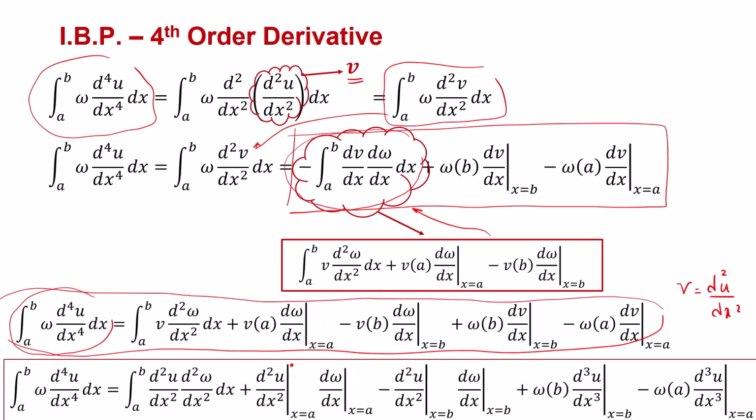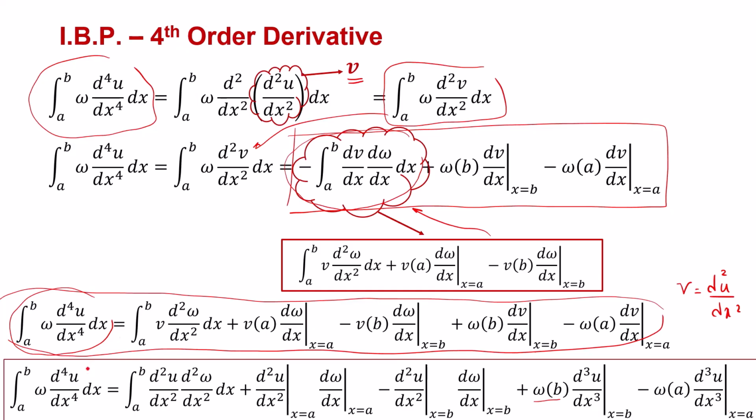So you're going to have d2u over dx2 times dw over dx at x equal to a minus d2u over dx2 times dw over dx at x equal to b plus wb times d3u over dx3 at x equal to b minus wa times d3u over dx3 at x equal to a.